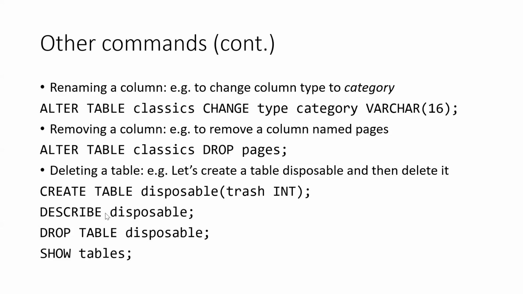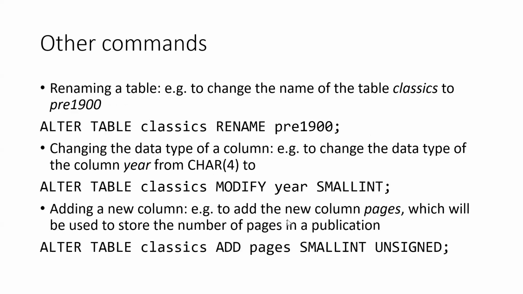And then here we can also, like how to create a table simply with one attribute and then removing it, we call drop table. Right. So let me show you some of these commands, right?